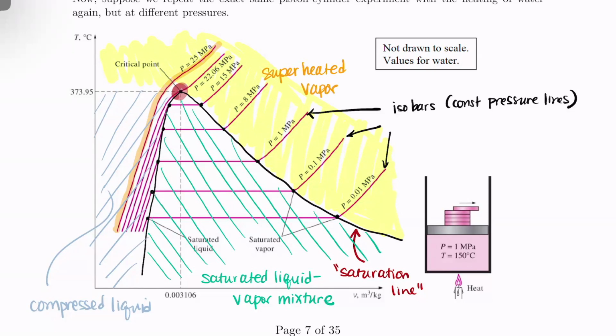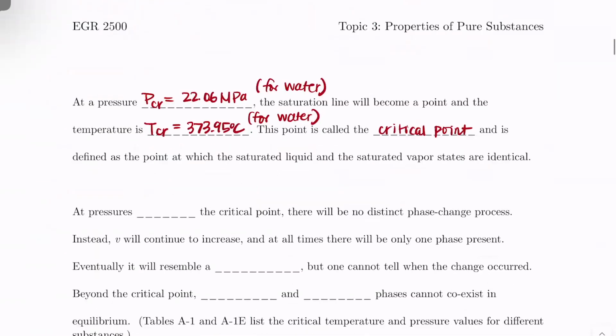Okay, so does that make sense? This line is representing kind of our change from compressed liquid to superheated vapor, and then everything underneath that curve is a mixture of those two things. Good? Okay.